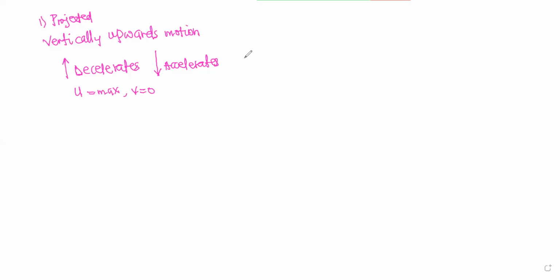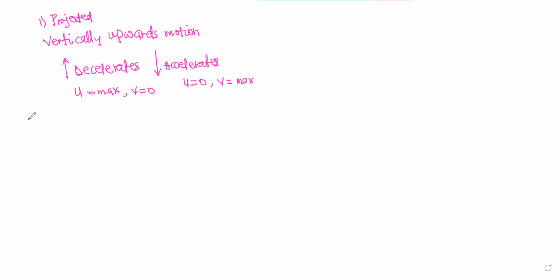Then if it is coming down, what will be its initial velocity at the point where it just stops and returns to the ground? 0. Then the final velocity just before it hits the ground, how would you describe this velocity? It must be maximum.